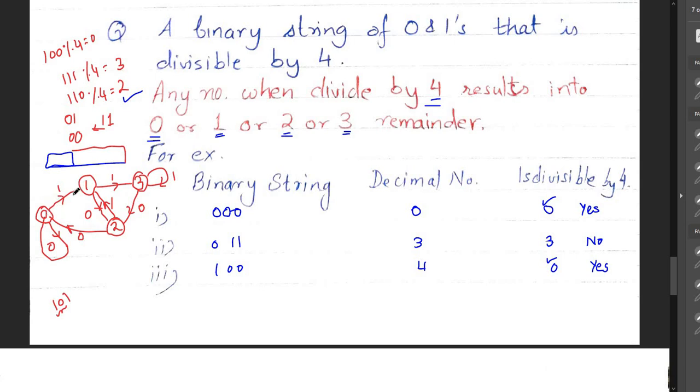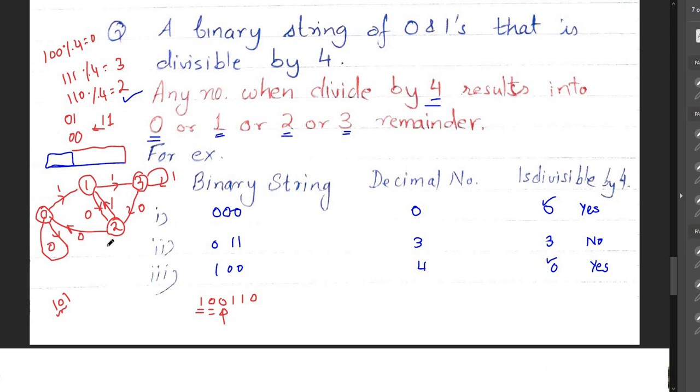If I keep dividing by 4 and trying to get the remainder, since I am reading the entire string one by one, let's say 1 0 0 1 1 0, I am reading the bits one by one, and up to the current bit I am trying to find out what the remainder is.